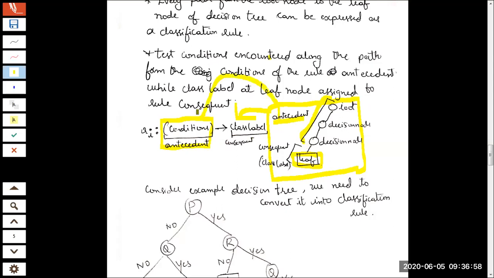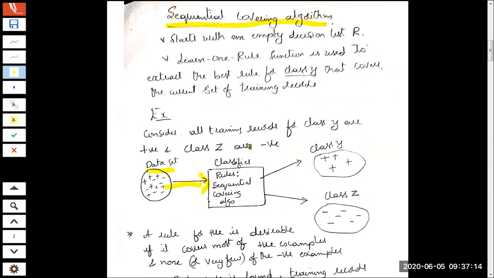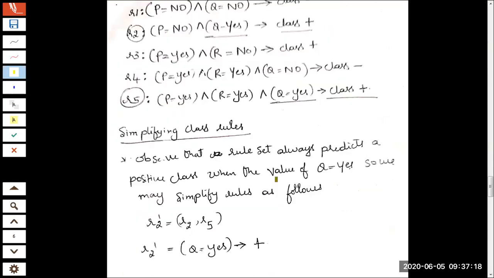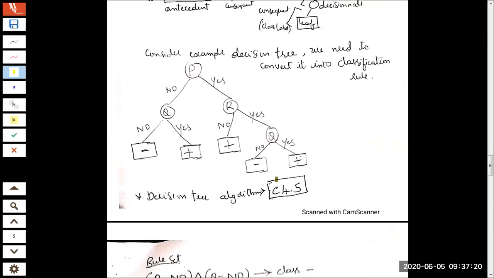It will map here, and the leaf node, which is the consequent, will be mapped here. It will come and sit here. That's it. Very simple story. Do not worry too much. We'll see examples once again.